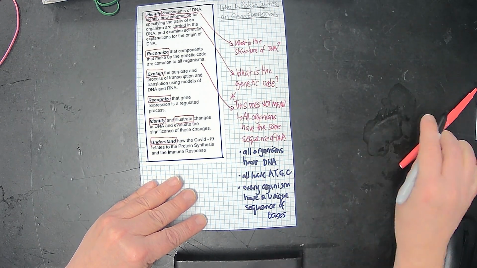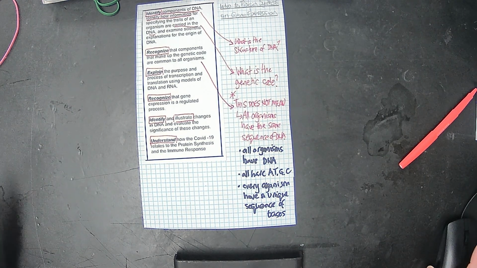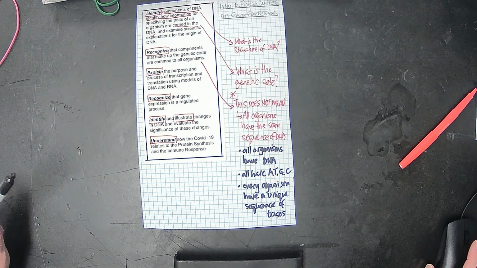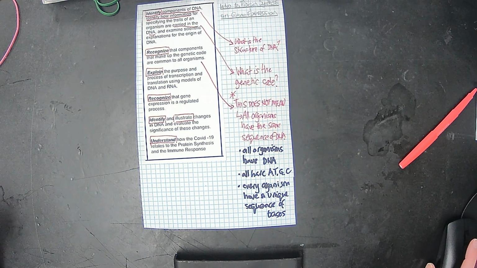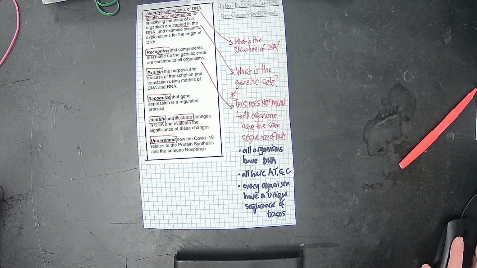And that is a very important distinction to make, that while we have the identical DNA in terms of structure and components, the order of those nitrogen bases in every different type of living organism is unique.